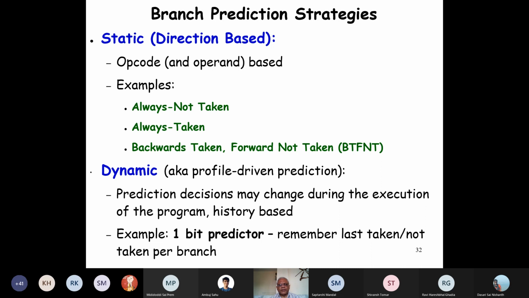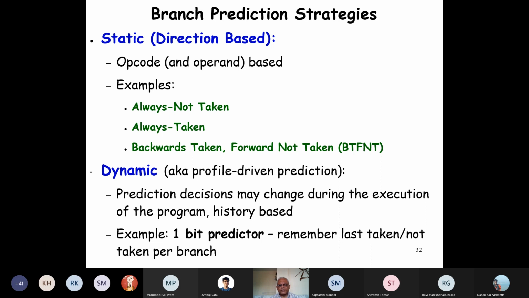Therefore, all the backward branches are taken and forward not taken. That is a strategy that possibly works better than the other two static approaches, but still the results are not very encouraging. The dynamic ones use the execution history.